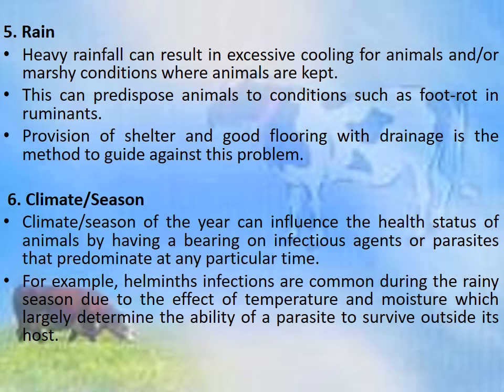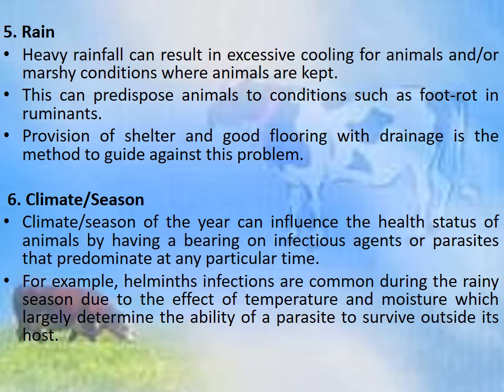Number six environmental factor, and of course the last under this particular category today, is climate or the season of the year. Now, climate or season of the year normally influences our animals' health by having a bearing on the kind of infectious agent or parasite that normally predominates at any point in time.